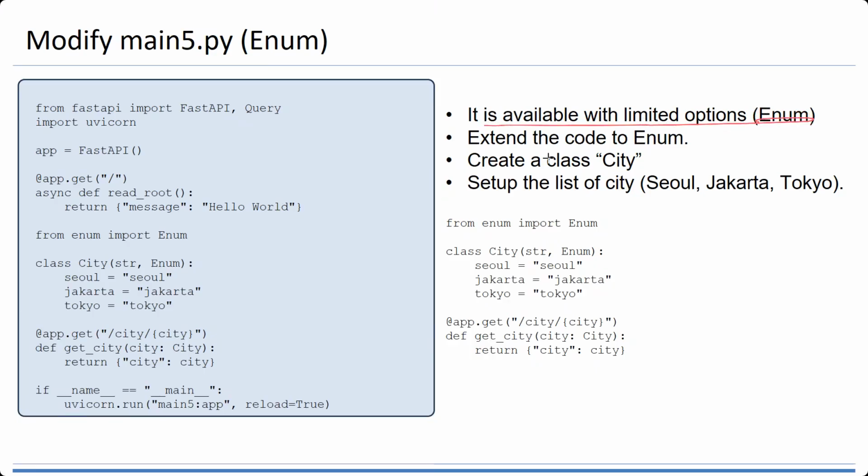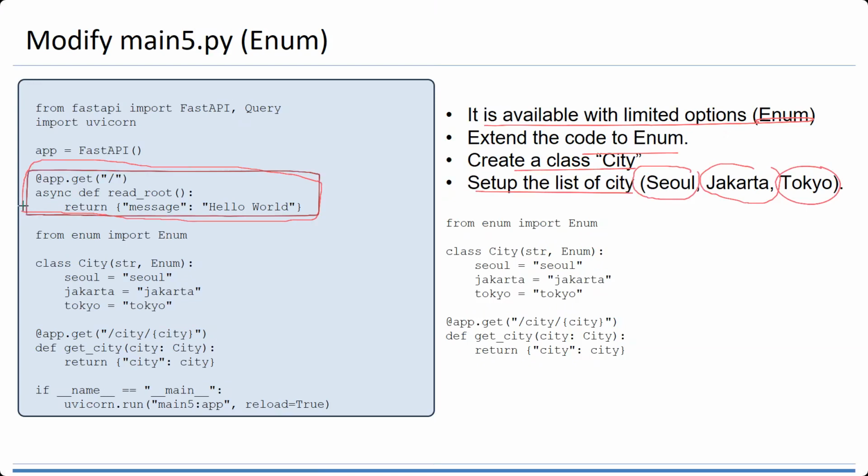So let's extend the code to the enum and then let's create a new class which is city and let's set up the list of the city. So for example, I'm creating only Seoul, Jakarta, and Tokyo. So here, yeah, I will keep the top of this one. That's just like this one.